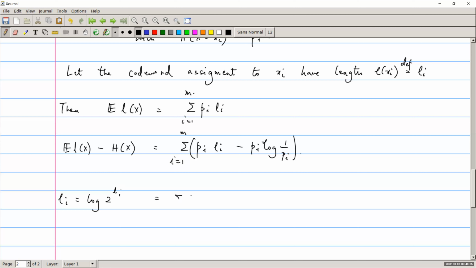So this becomes summation pi log of... I'm going to write this as summation pi, and negative log 1 over pi is just pi.